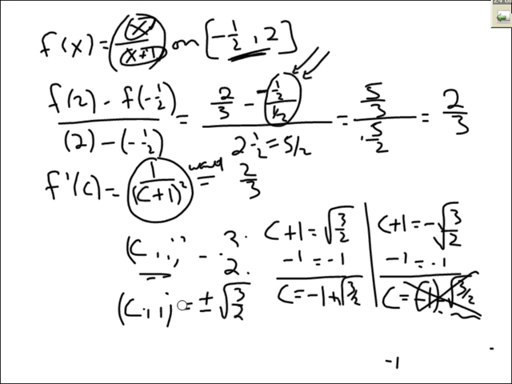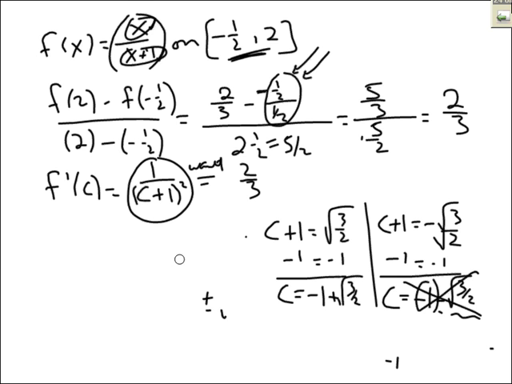So we're going to play the game that we played in the last problem. The square root of 3 over 2. 3 over 2 is 1 and 1/2. What are the numbers right around 1 and 1/2 that you know the square root of? Well, you know the square root of 1, which is 1.